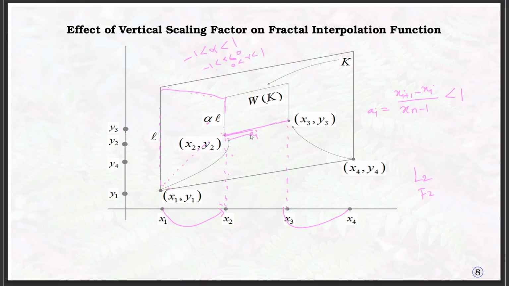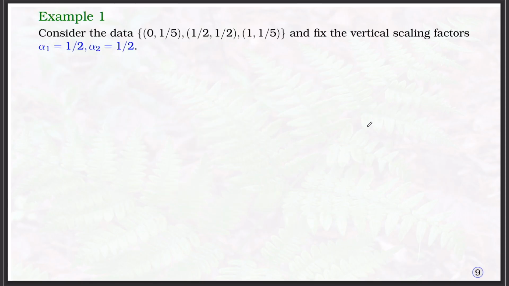This length will be determined by the factor ai, which is also less than 1, with xn minus x1. So this will determine the length of the horizontal line. Okay, fine. Now, let us explain the role of alpha, ai and the other parameters through an example.